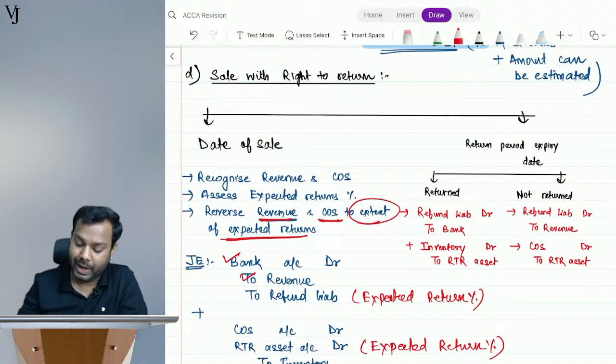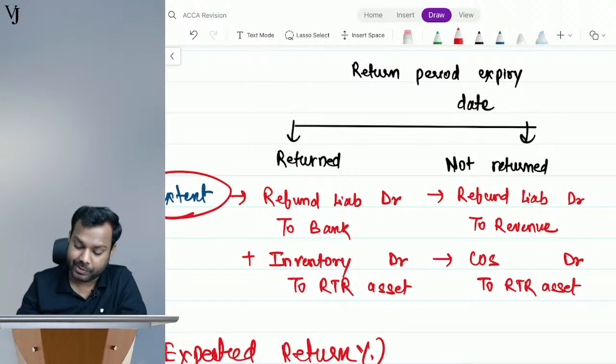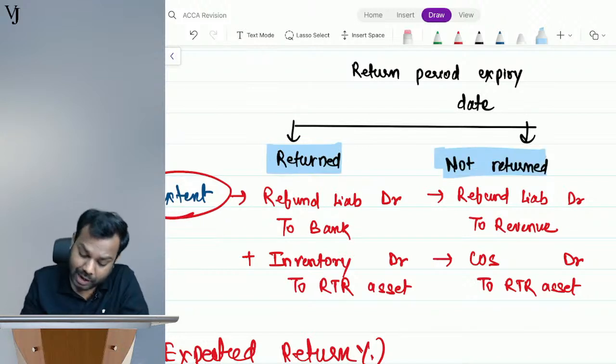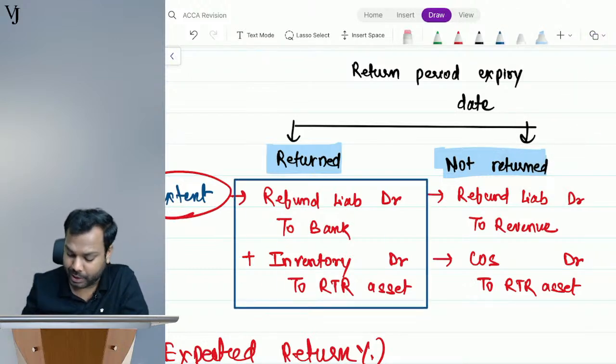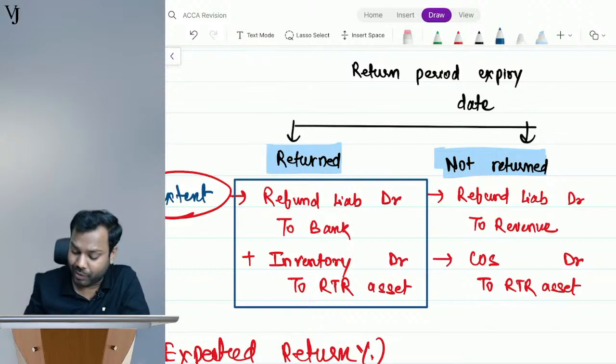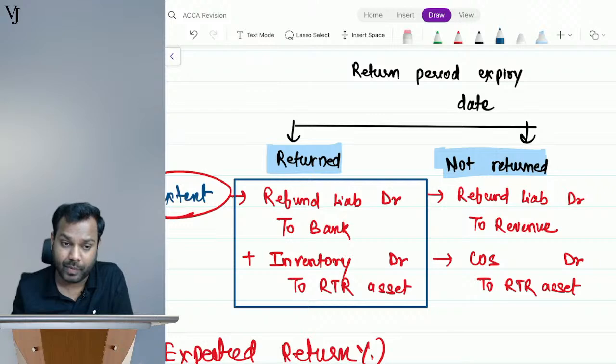Now, on the date when the return period expires, there can be two possible cases. Either the goods are returned. If the goods are returned, you will pay the amount back. When you return the goods, you have to get a refund also, right? So the entity will refund the money, and whatever is the R2R, it will record as inventory for that.